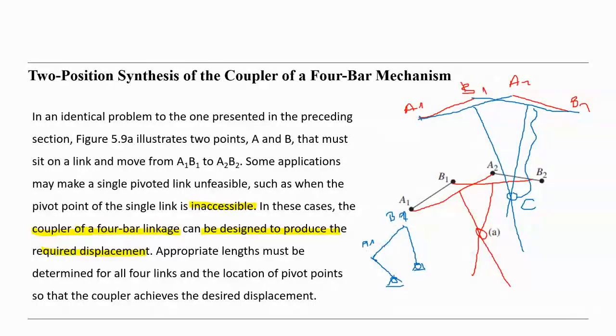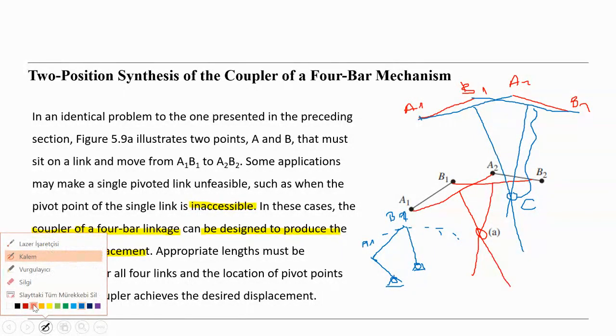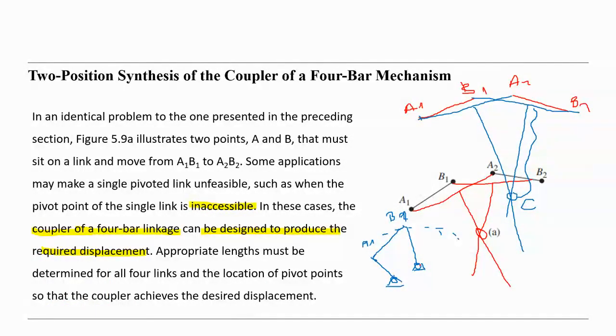So this is the first position, and if you rotate them like this, and let's say we use this second position for the other one here. So this is the position here, and this also has to turn to this position, and this is the second position of the coupler link.